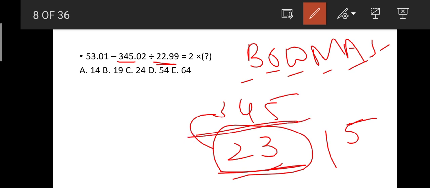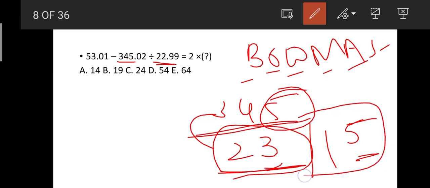It should be ending with 5, for a multiple of 3 it should be 5 only. 3 fives are 15, like that we will be getting the ending number as 5. Okay friends, so I have taken 23 into 15 as 345. If we take multiplication in this way, it will become very easy for us to calculate.